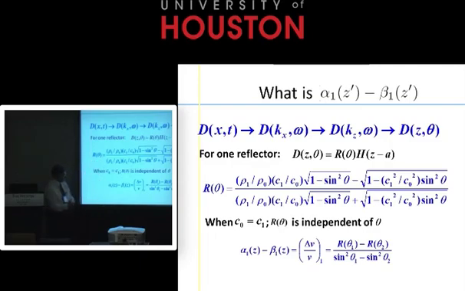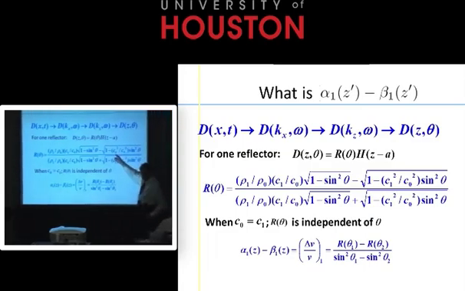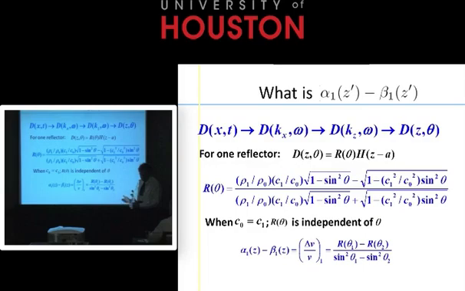Okay? The interesting point for us is this. Let's say you're across a reflector where the velocity didn't change. So C0 is C1. In other words, we're worried about a reflection with only density changing, yes?